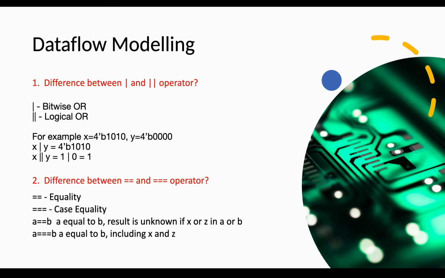Don't care is represented by X and high impedance is represented by Z. So A double equal to B, the result is unknown if X or Z are in A or B. That is, they are not including X or Z in the input values. If we have to include X and Z in the inputs, we have to use triple equal. That is case equality. A triple equal to B is A equal to B including X and Z.